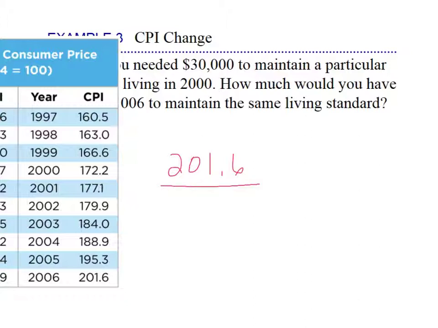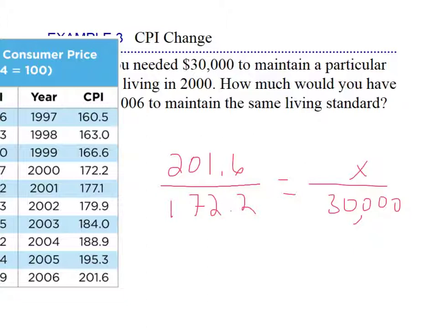So that's the new year. The old year is 172.2. That's the consumer price index for that year. We can just suppose they want $30,000 back in the year 2000. What's it going to cost in the year 2006, or what would it have cost? And you can just treat that as a proportion, cross multiply, divide.